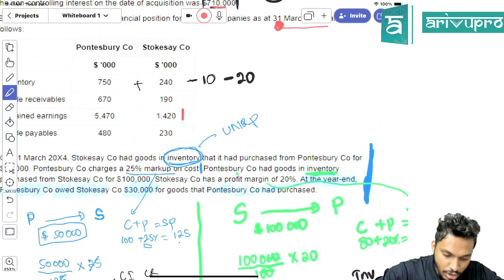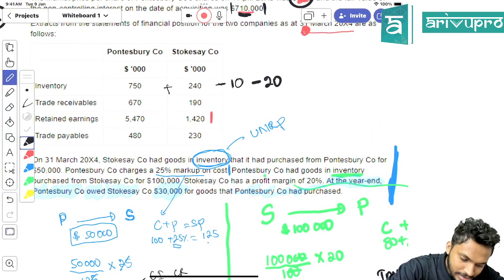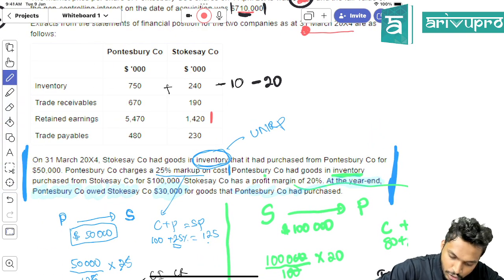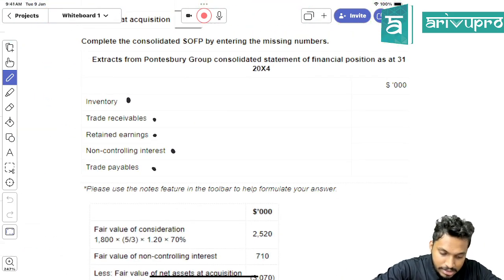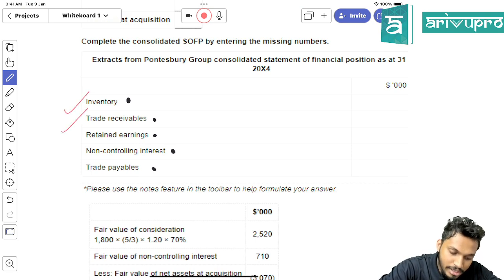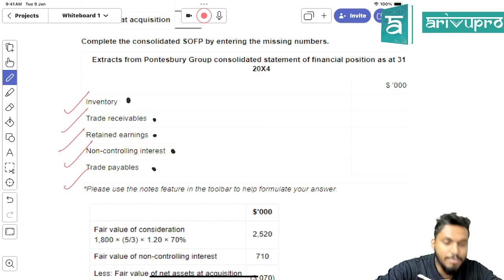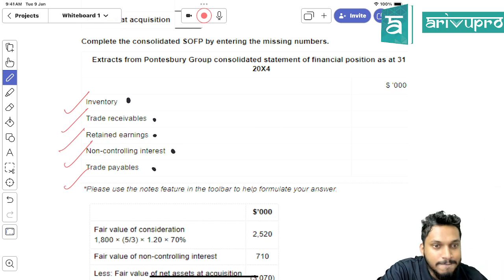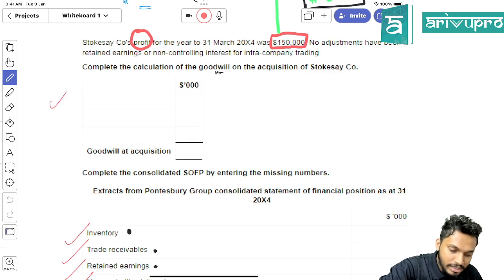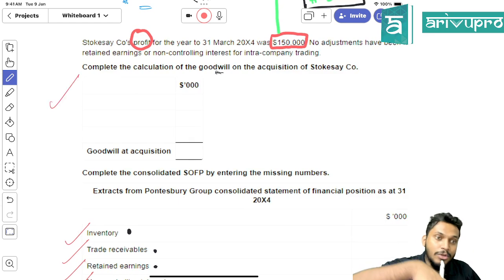So which means your receivable balance needs to be reduced by 30,000 and your payable balance also needs to be reduced by 30,000. This is why examiner is asking you inventory, receivables, retained earnings, non-controlling interest, trade payables. So this is where all the adjustments will impact. And also the goodwill. It will impact the goodwill also.